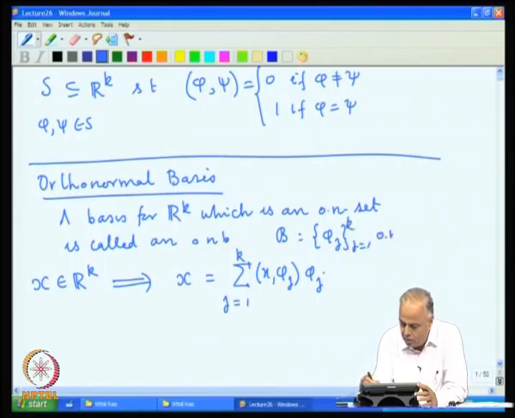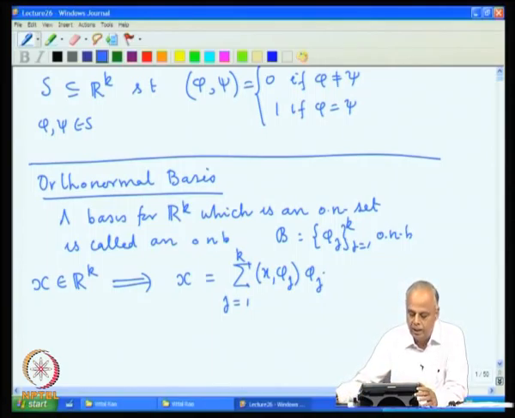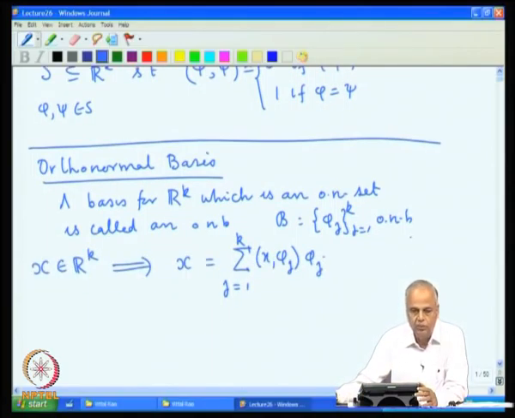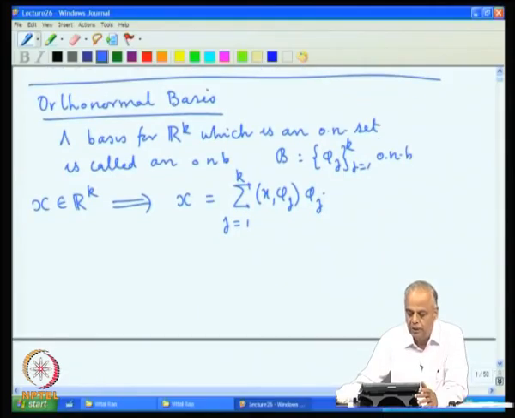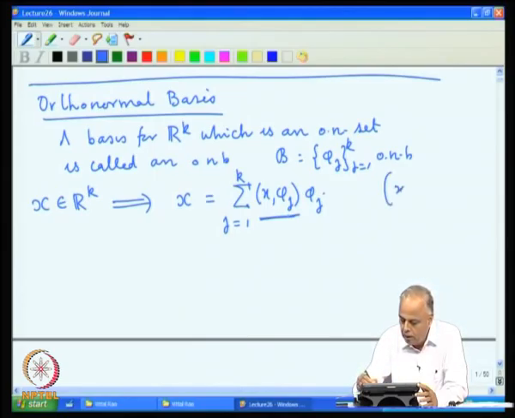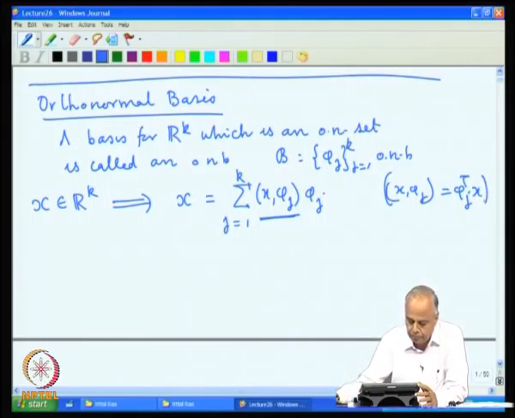Suppose we had an orthonormal basis, then any vector in R k can be expanded in terms of this phi j, and the coefficients in the expansion are nothing but the inner product of x with the vector phi j. Recall, the inner product of x and phi j is only another notation for phi j transpose x.